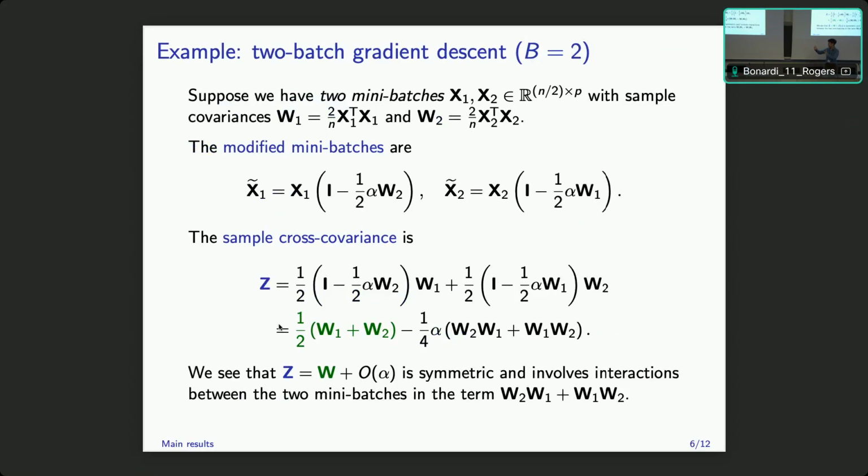The green term is equal to w, up to scaling of the mini batches. And there's a second term which looks kind of funny. It's known as the anti-commutator of these two mini batch sample covariances. It hints at why random reshuffling is difficult, because it involves interactions between mini batches that already emerge in this simple two-batch case.